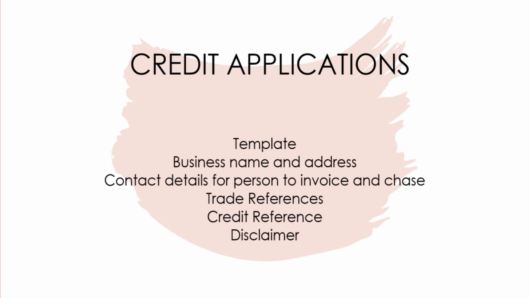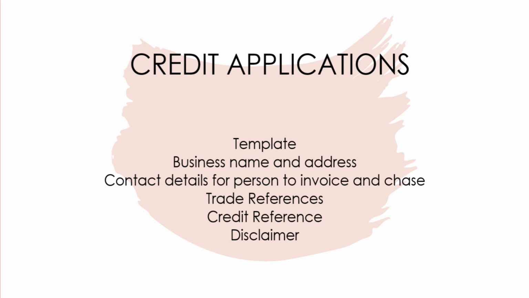Okay, so let me just run through what the credit application should include. It should include all the business contact details. That's your details, the business details, but also the customer's details. You'll need to know the directors of the company, name, the company address, email address, phone number.